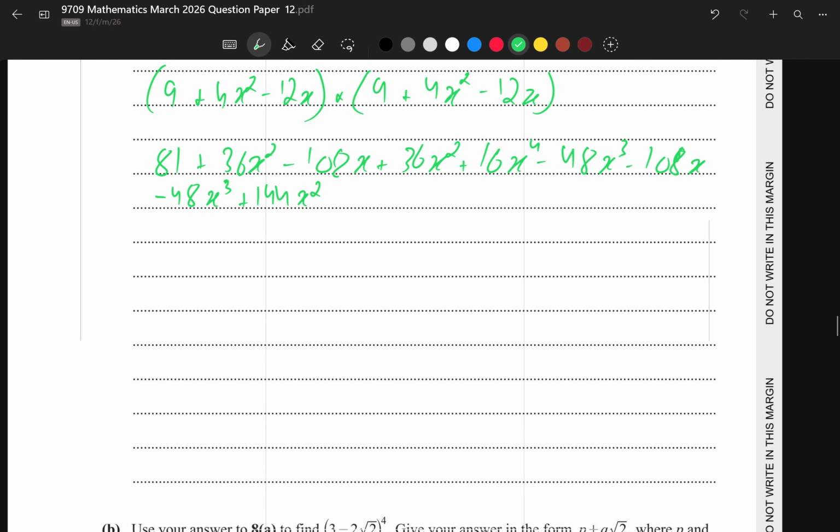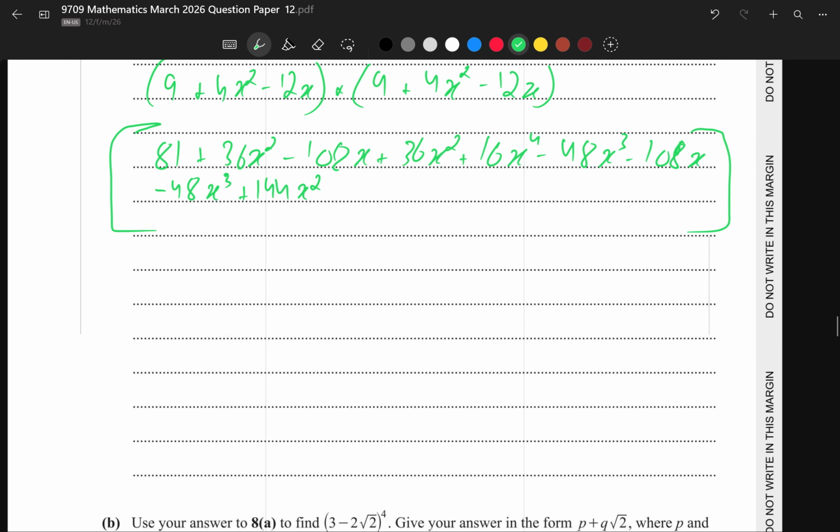Now if we simplify this whole thing, we'll get 81 + 216x^2 - 96x^3 + 16x^4 - 216x.